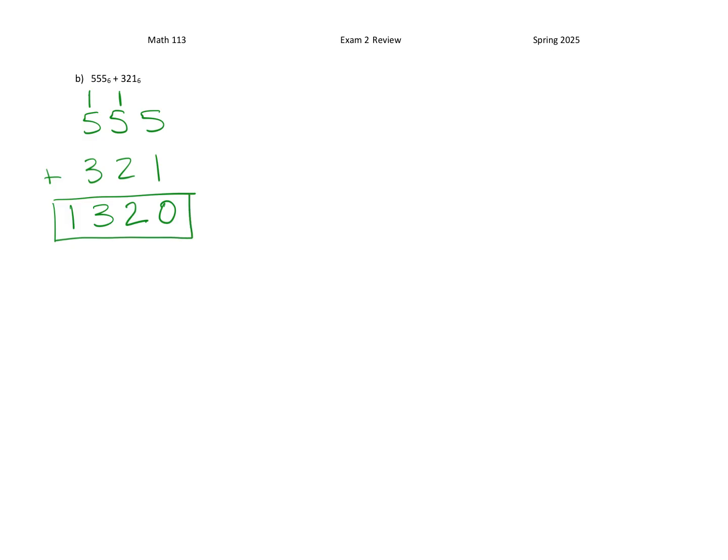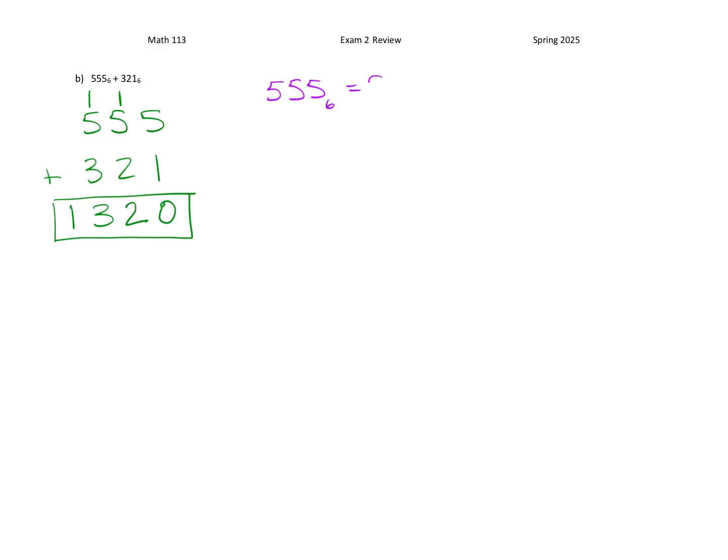To check, I'm going to convert everything to base 10. So I'm going to look at 5, 5, 5 base 6, and I'm going to convert it to base 10. The place values for base 6 are going to be 1s, 6s, 36s, right? 1, 6 to the first, 6 squared.